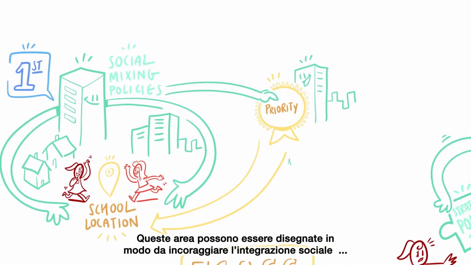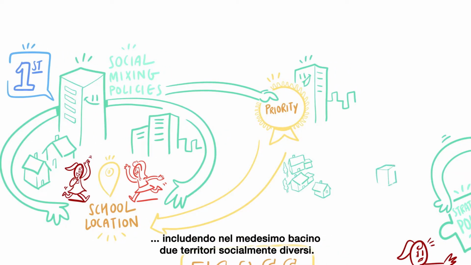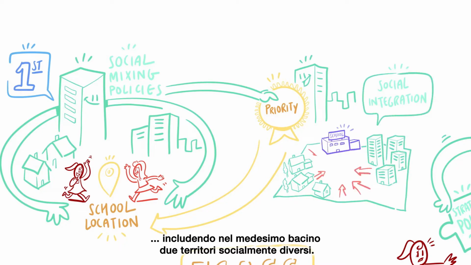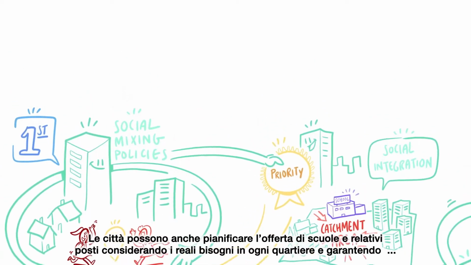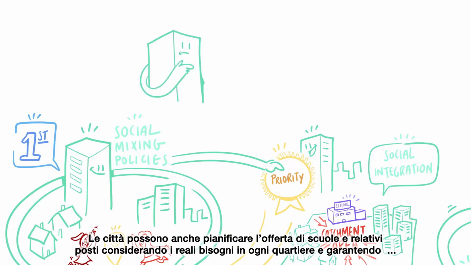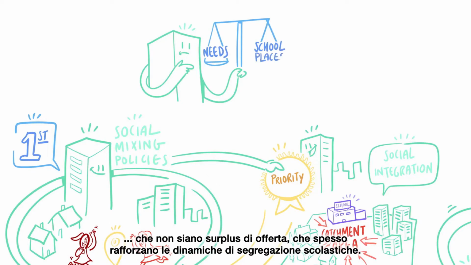These areas can be designed to encourage social integration by including 2 socially different neighbourhoods in the same catchment area. Cities can also plan their supply of school places, considering the real enrolment needs in every neighbourhood, and guarantee that there is no oversupply, which often causes greater school segregation.